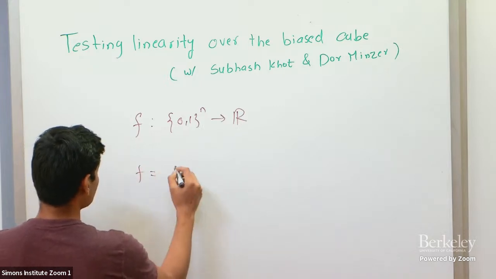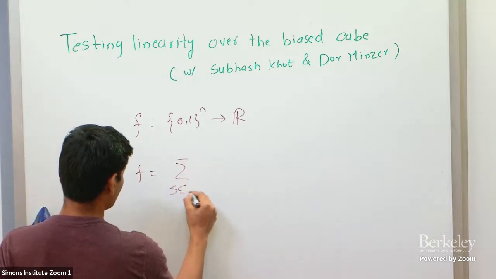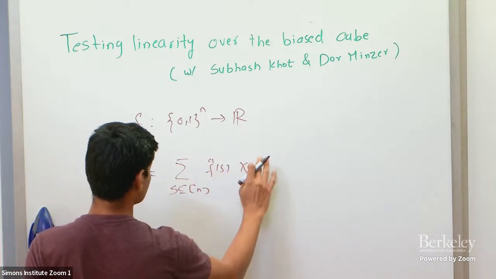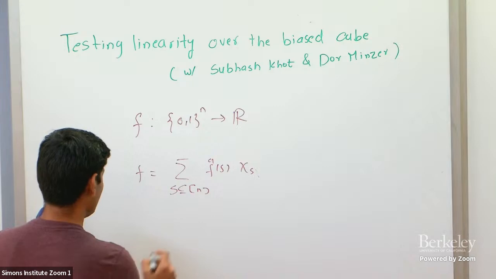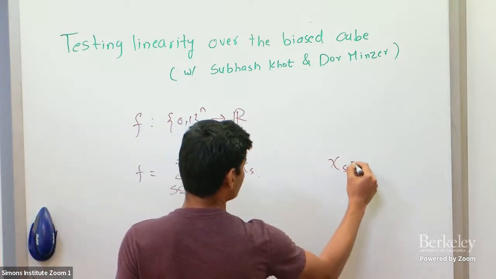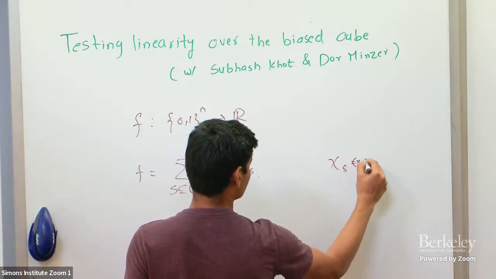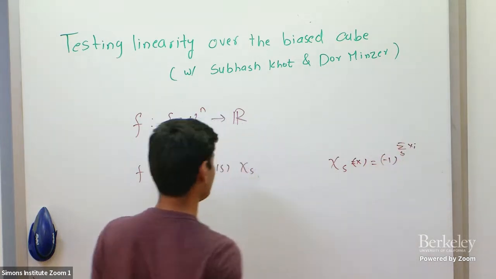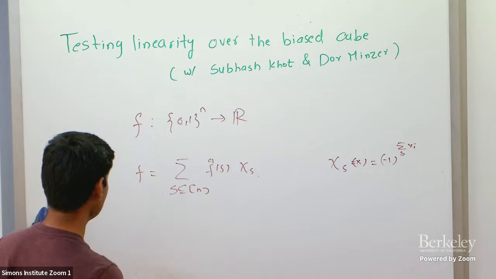f has a Fourier representation. You can break it up as the sum over S of f hat of S times chi-S of x, and the chi-S are all the linear functions.